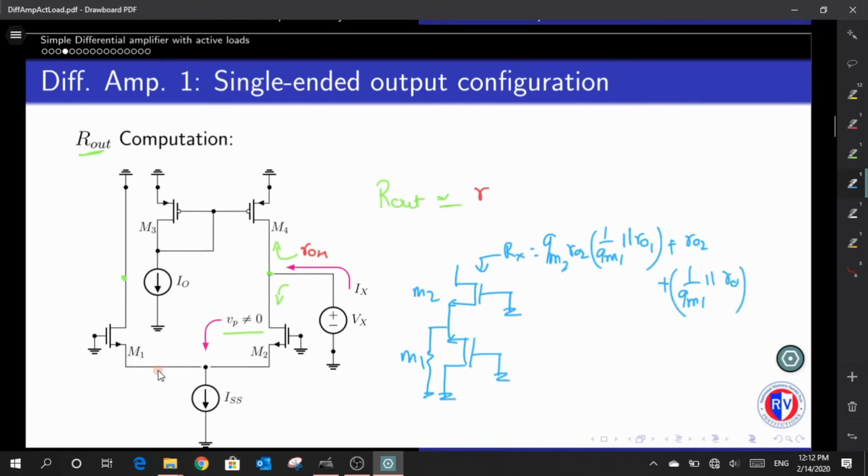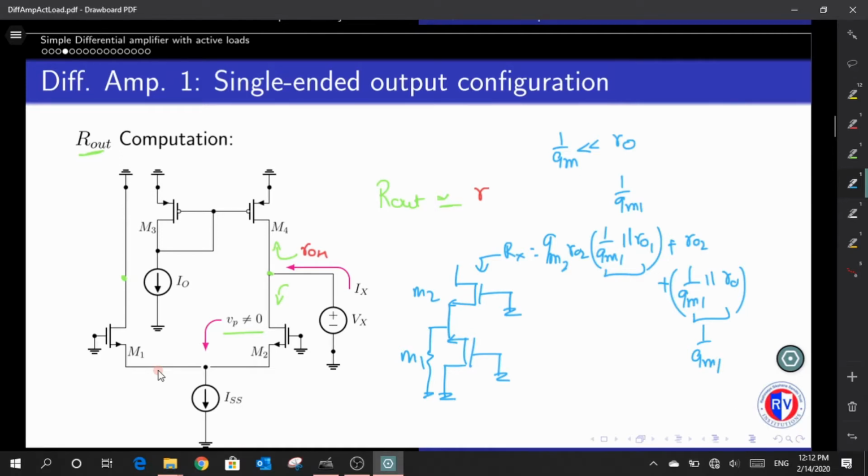But later I said that the value of 1 by GM is quite smaller than the value of RO. In that condition, this quantity could be rewritten as just 1 by GM1, and even this quantity could then be replaced with 1 by GM1.